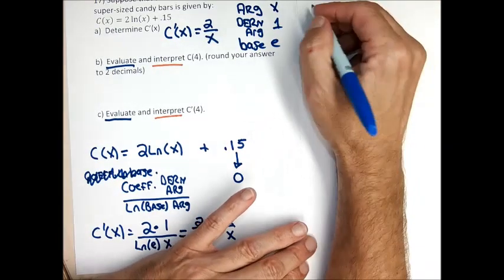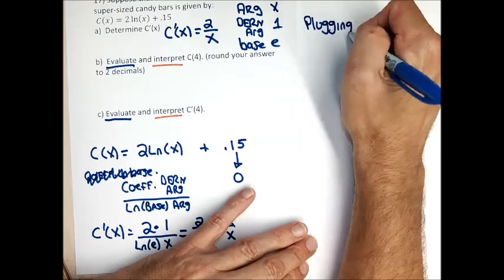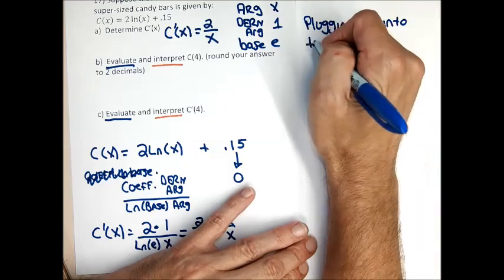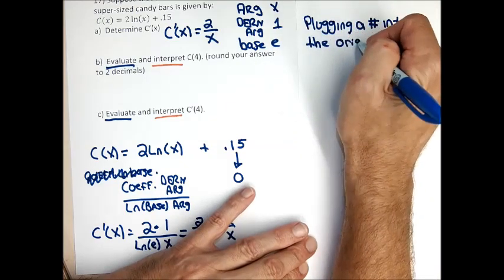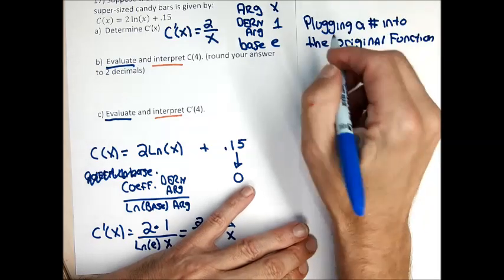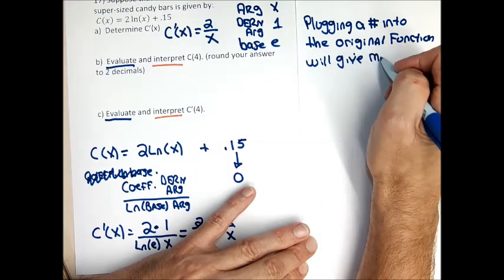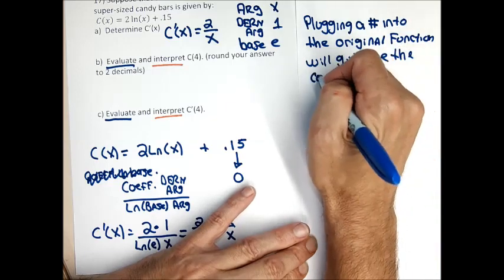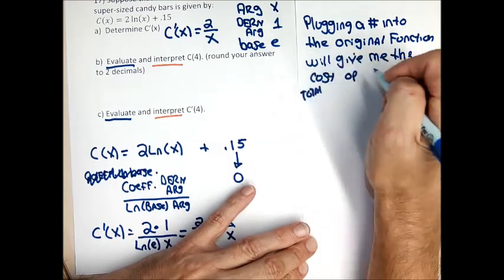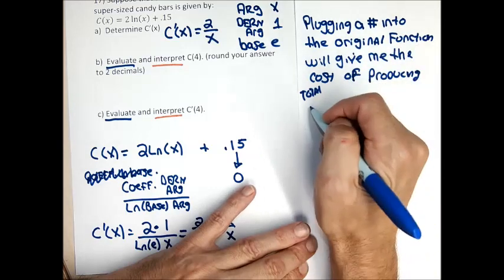So for cost functions, plugging a number into the original function, which is the cost function, for this problem will give me the total cost of producing that many candy bars.